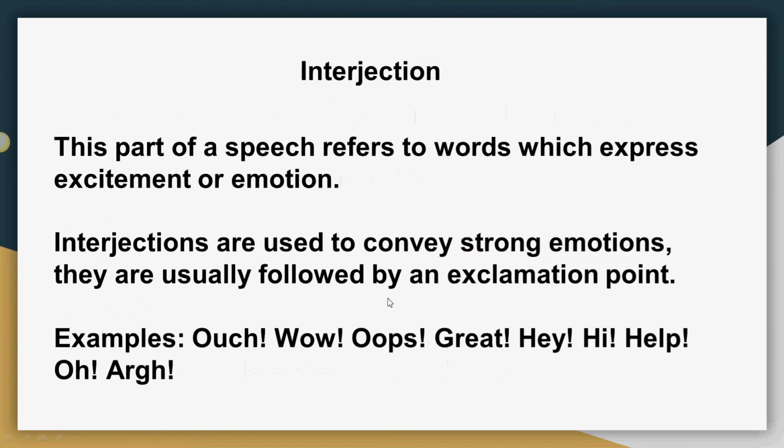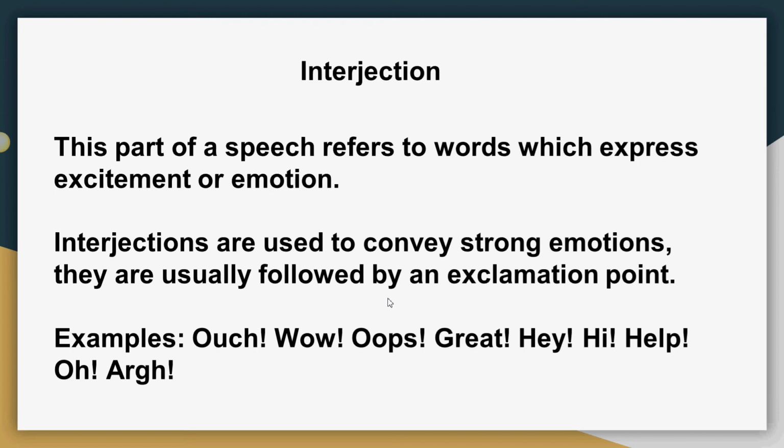Next part of speech is interjection. Interjections are used to convey strong emotions. They are usually followed by an exclamation point. This part of speech refers to words which express excitement or emotions in the sentences.